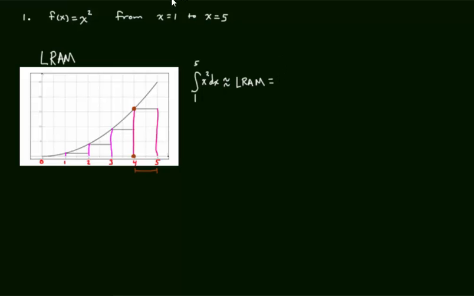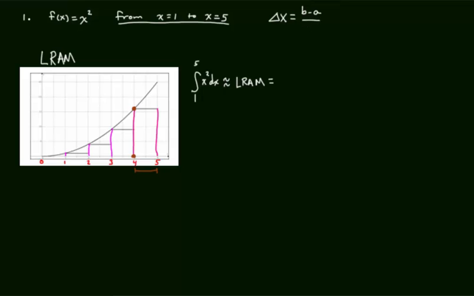Now, let's take a step back for a second. We're going from x equals 1 to x equals 5, and the problem wants 4 equal rectangles. It's obvious to us by looking at it that change in x will equal 1, but how do we figure that mathematically? Change in x is going to be the distance that we cover, in this case b minus a, or 5 minus 1, and then we divide by however many rectangles we want.